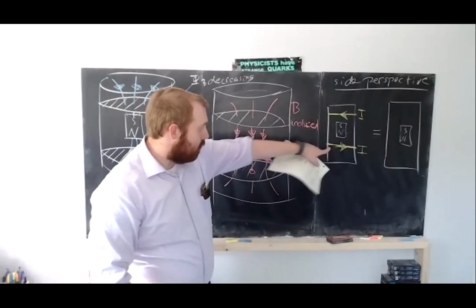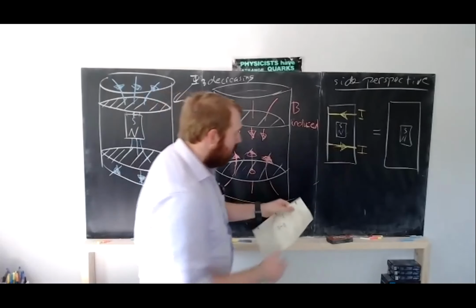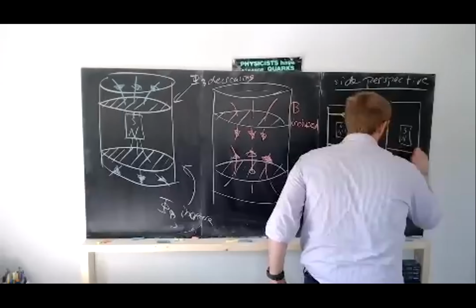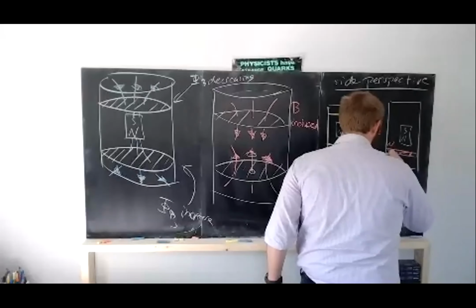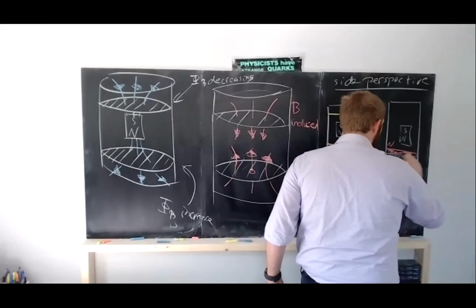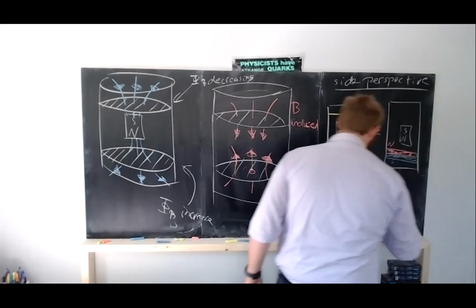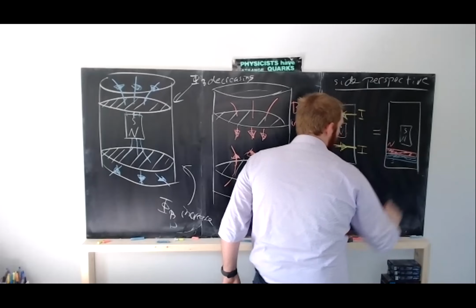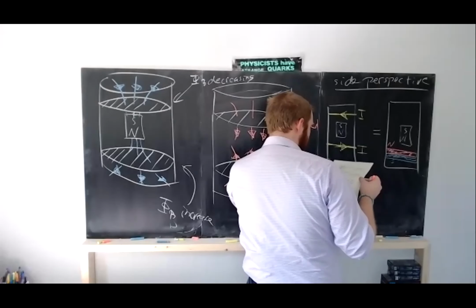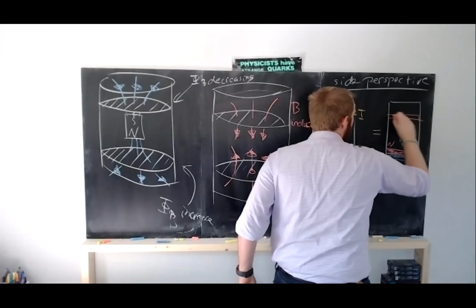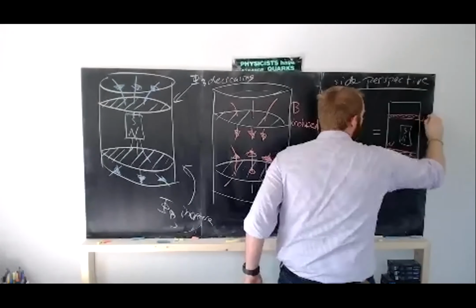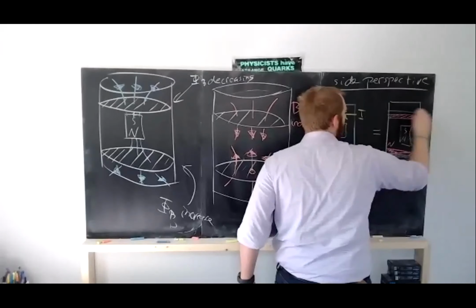So if I have a current going this direction, well, that looks like a south magnet, whereas this one looks like a north.